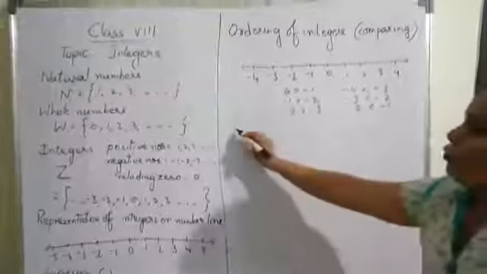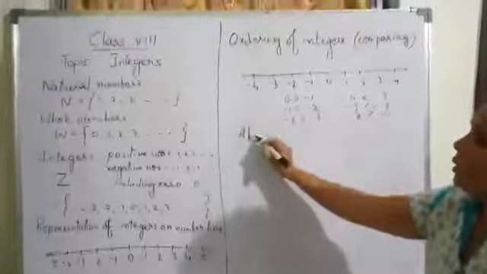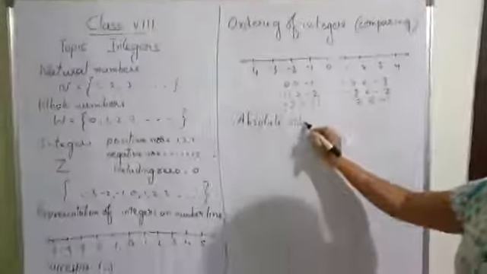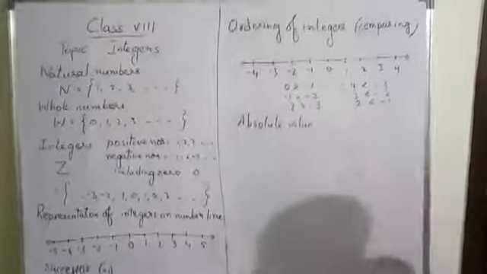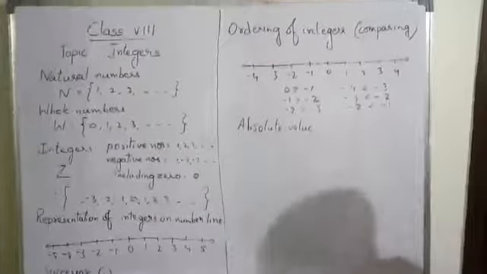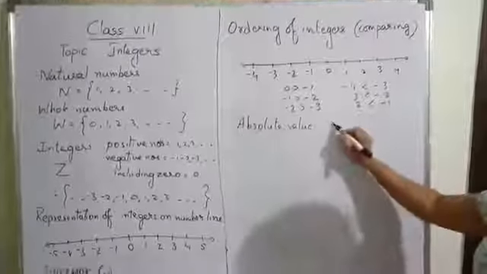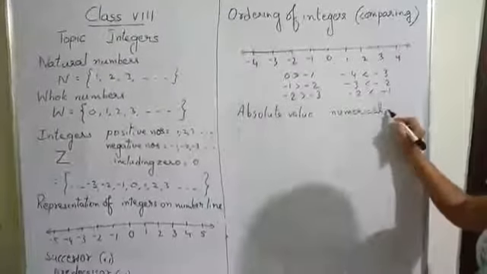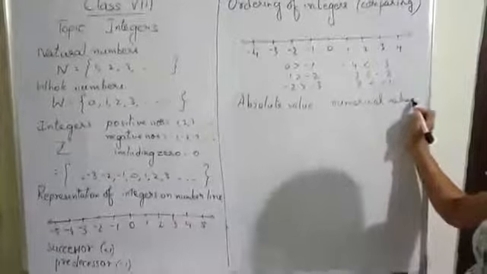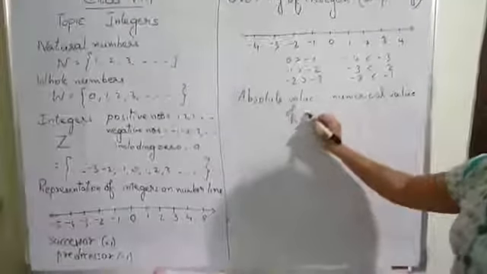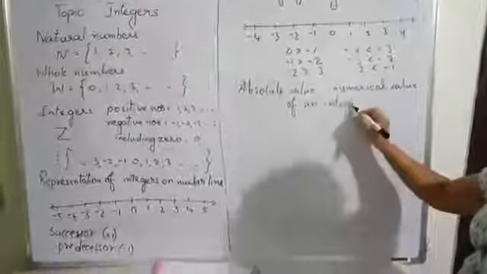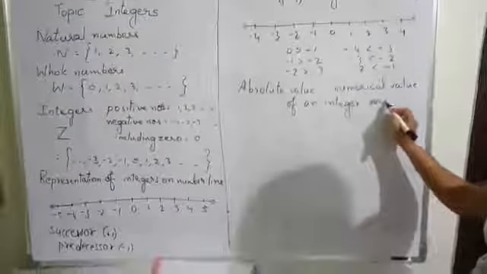Now we learn what is absolute value of an integer. What do you mean by absolute value of an integer? It is the numerical value of an integer regardless of its sign.